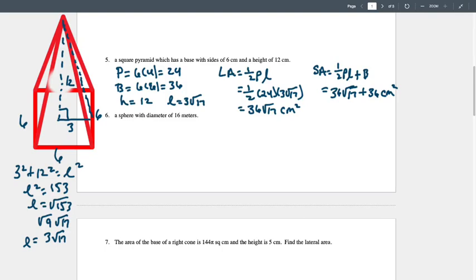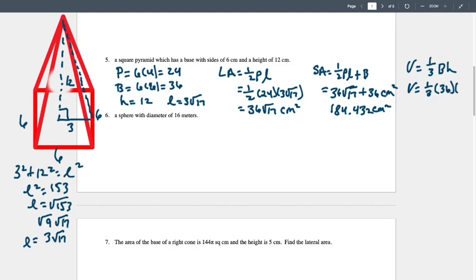If I ask you for a rounded off decimal, we would say it's 184.432 centimeters squared. All right, and then your volume formula is 1/3 the area of your base times the height. Again, my base is 36.